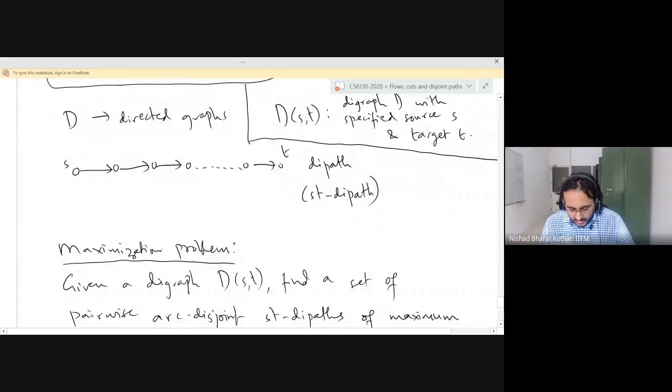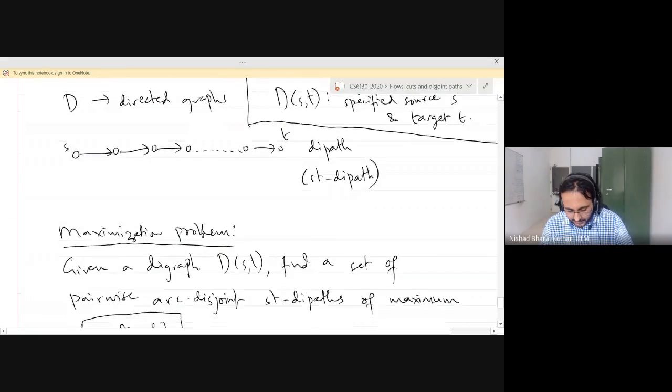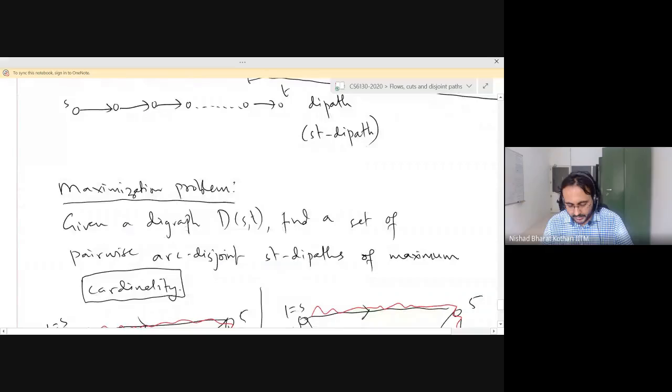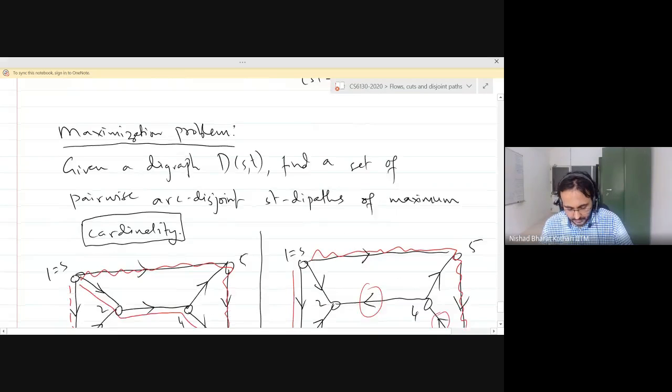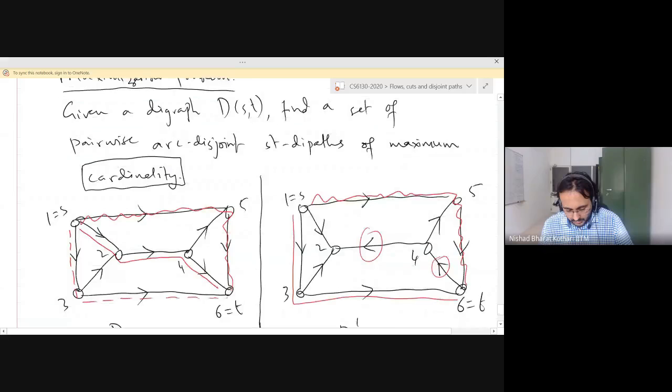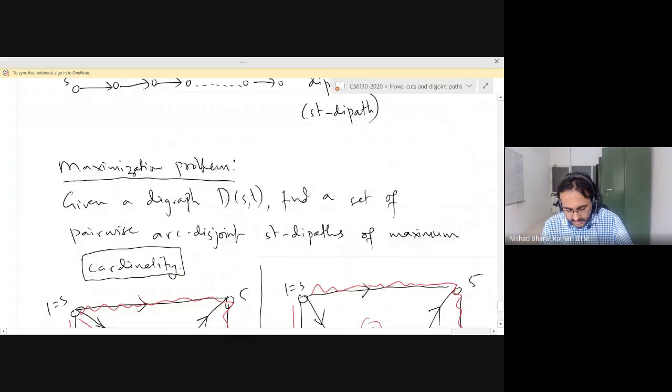Okay. And we discussed the maximization problem, which is to find pairwise arc-disjoint st-dipaths, right? And you want to find a set of maximum cardinality. So in a dipath, you need to pay attention to the direction, right?